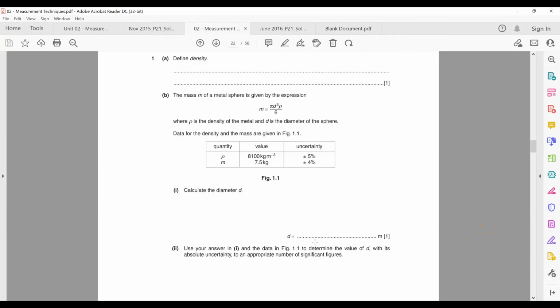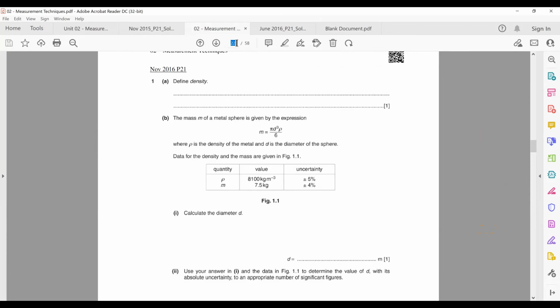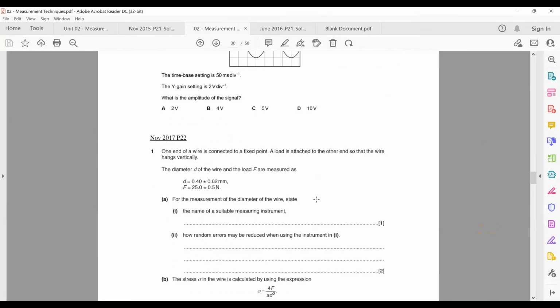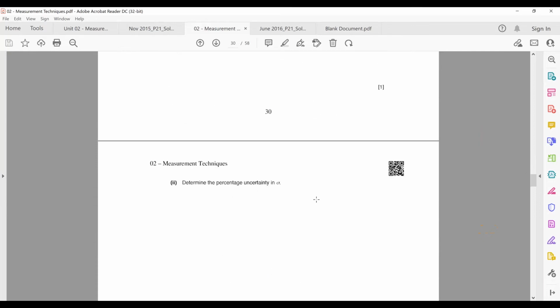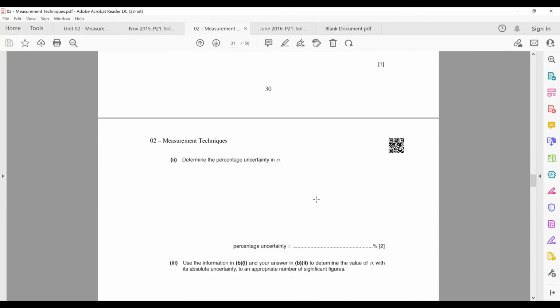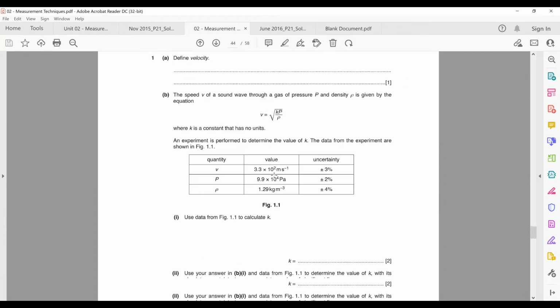Calculate the density. Either 22 or 30. Wait now. The rest of it seems quite easy to do.